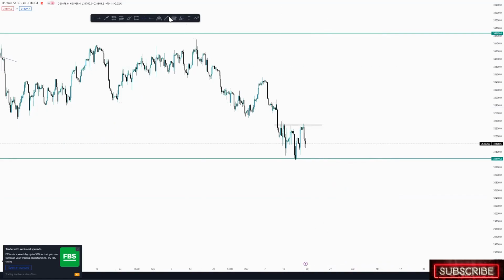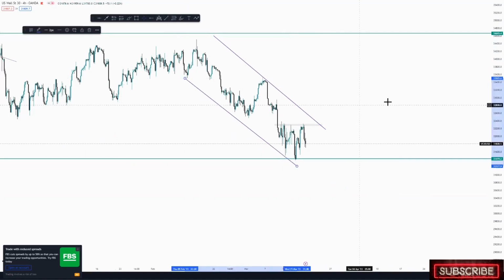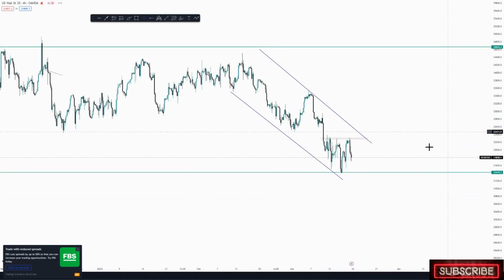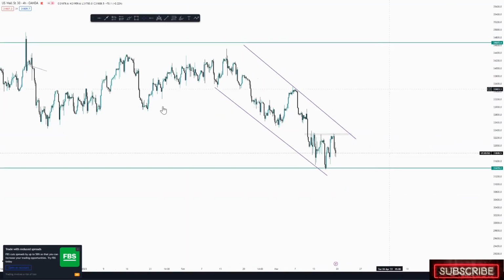So I also saw some sort of a descending flag over here. So there are two things that I see over here, right? So if US30 is to go to the upside, then I think it would be best if we break out, retest over there, and then we go to the upside.